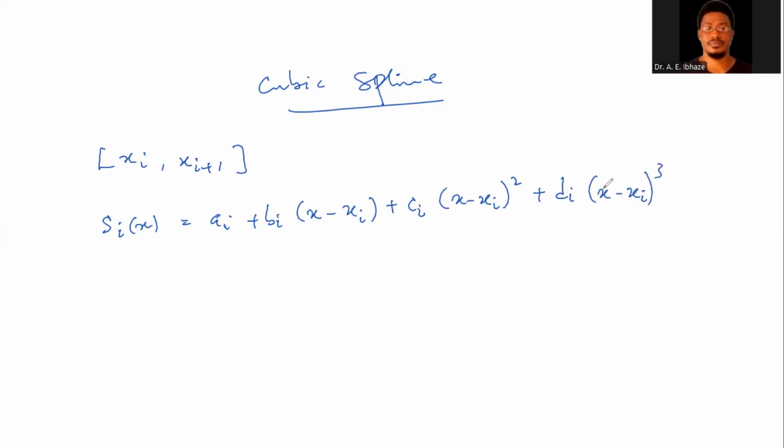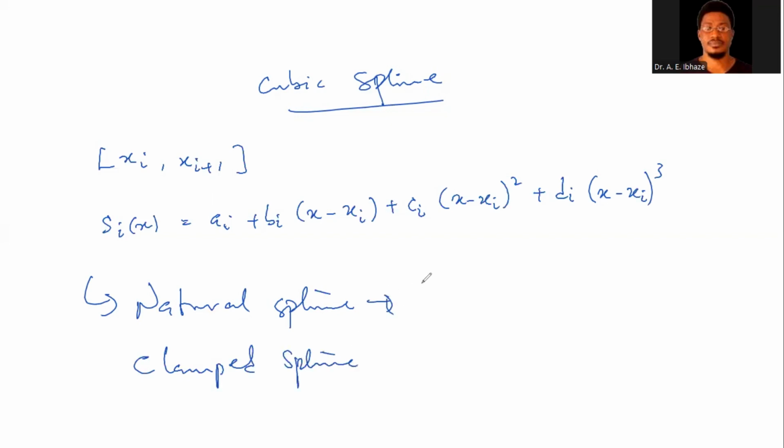So the cubic spline literally ensures smoothness at the joints by maintaining continuity of the function and its first and second derivatives. And based on the boundary conditions, we have two major types, the natural spline and the clamped spline.